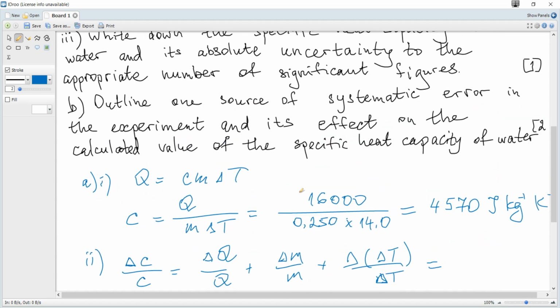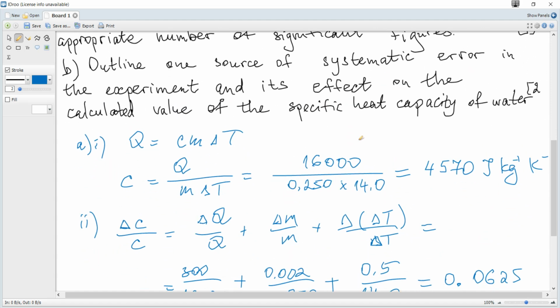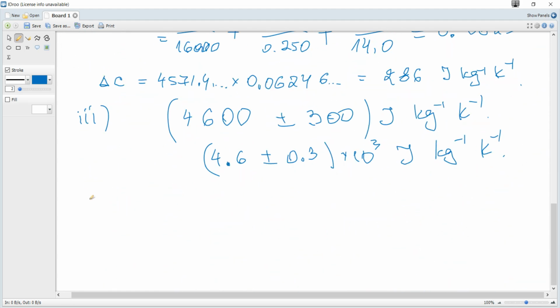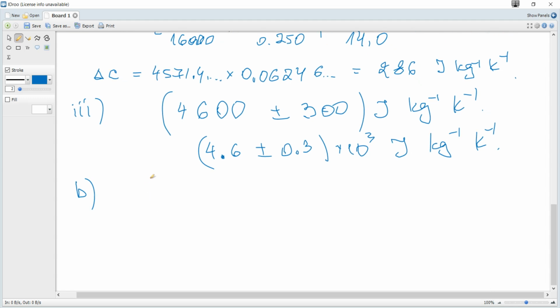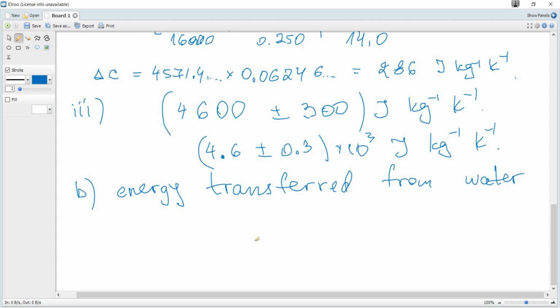So for this situation, what can be systematic? You remember for such types of problems, there are always losses to surroundings, and hence we can write that energy transferred from the water or from the heater to surroundings is an example of systematic error.